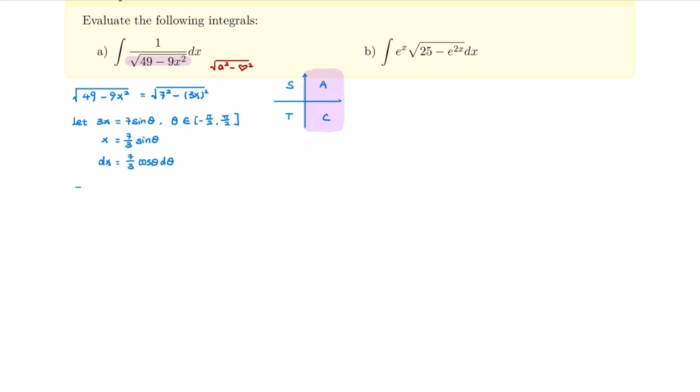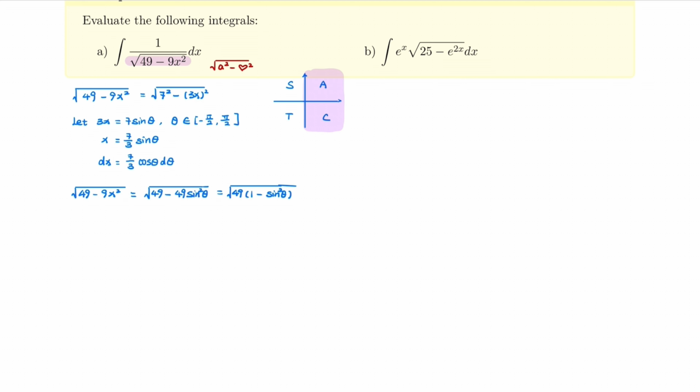And I can replace the whole thing: the square root of 49 minus 9x squared becomes the square root of 49 minus (7 sine theta) squared, which is 49 sine theta squared. I can factor out the 49 here, giving 1 minus sine theta squared.